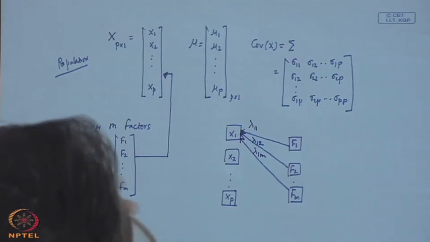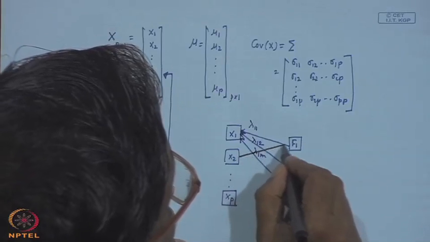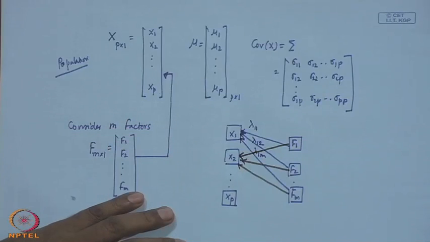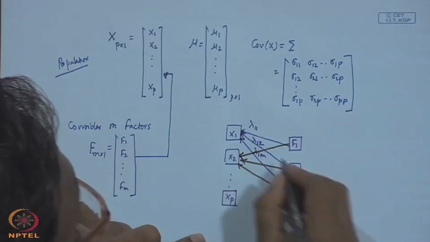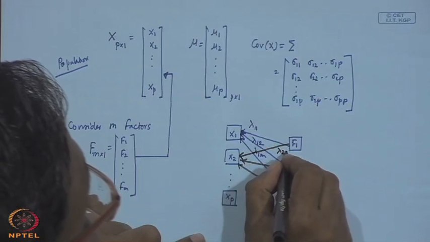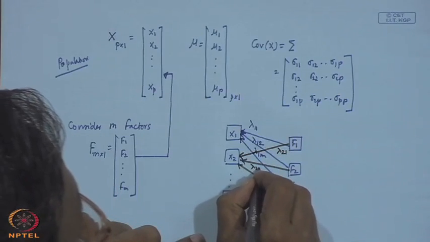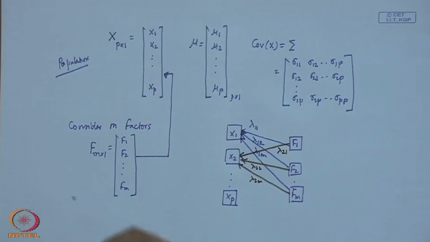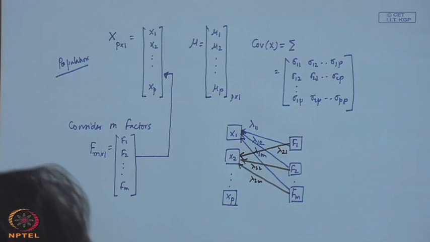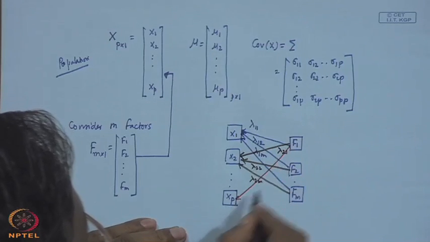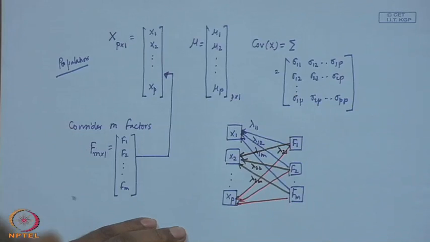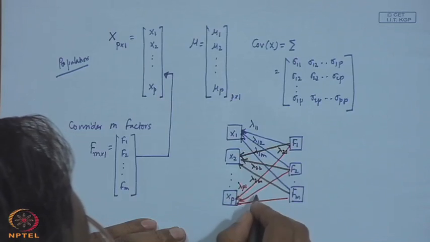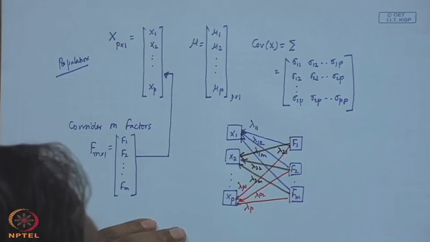Okay. The same thing will happen to x 2. So, what we will write then? This one will be lambda 2 1, then lambda 2 2, lambda 2 m. Then the last one, lambda p 1, lambda p 2, lambda p m.